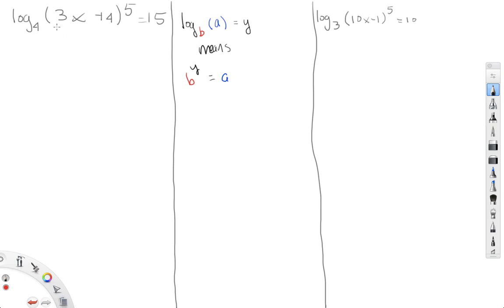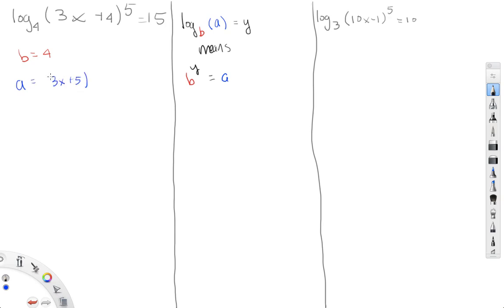So to solve log base 4 of all this mess equals 15, I'm going to identify the base b. The logarithm is base 4. The number that I have substituted into the logarithm is not a number, but rather an expression.